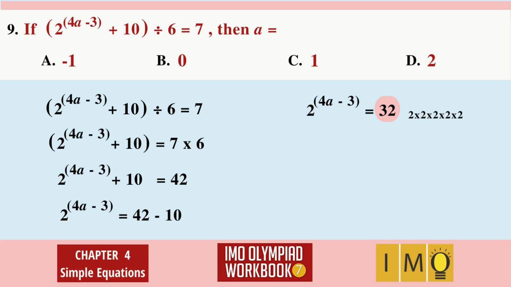So that can be written as 2 to the power of 5. Our equation becomes 2 to the power of 4a minus 3 is equal to 2 to the power of 5.